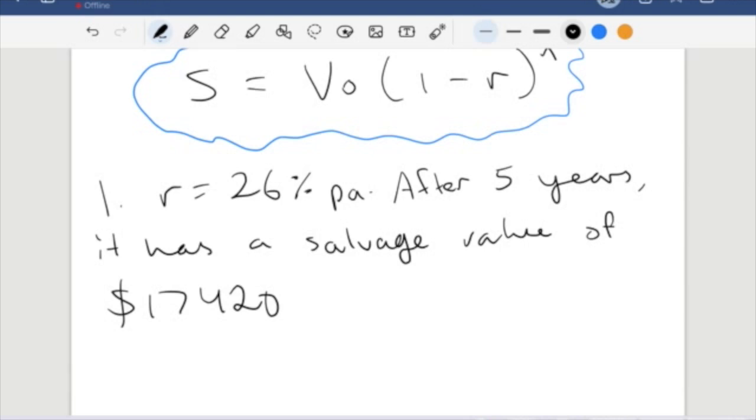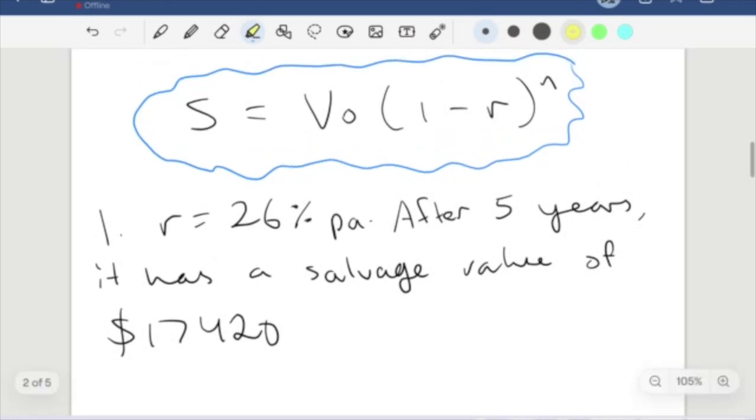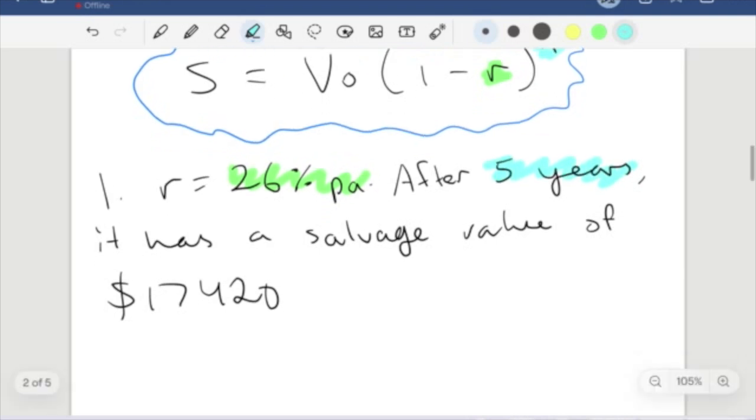So let's look at the important bits of information that we're given. Here, we have been given the rate of 26%. So that's this guy here in our formula. We're told that after 5 years, which is our N up here, the salvage value is 17,420.